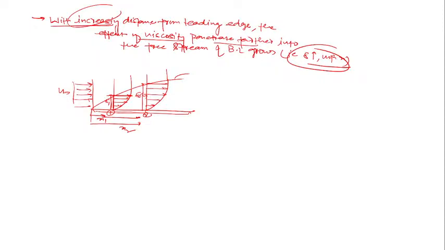The reason is very simple. Suppose a fluid is flowing here, and this is where the surface is. This is a very small distance in the y direction from the surface.